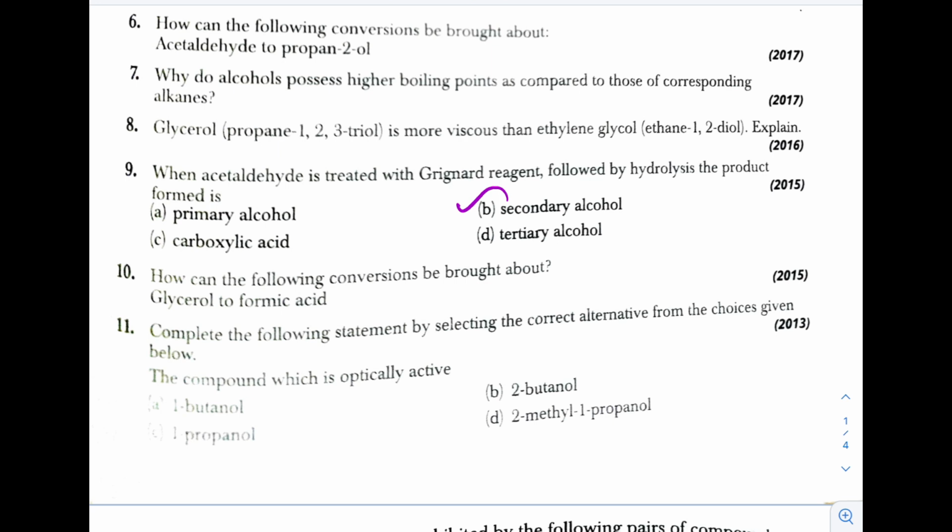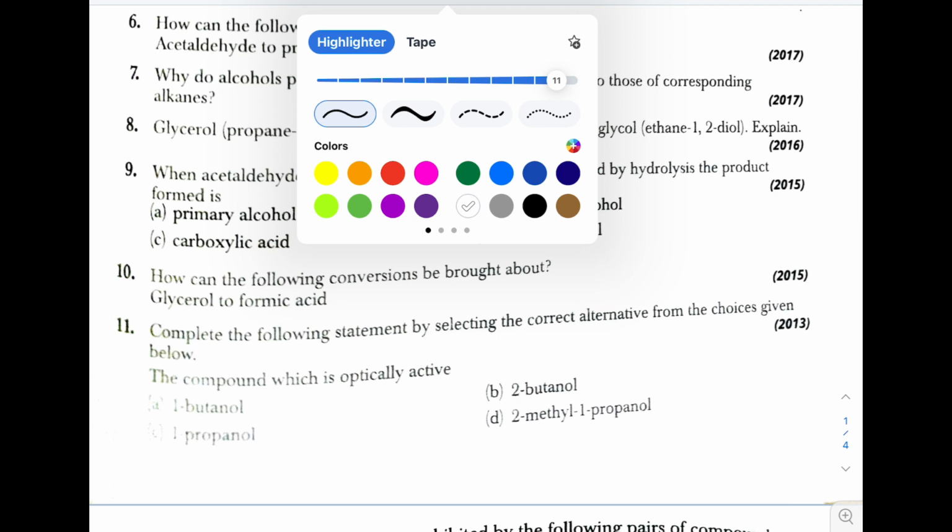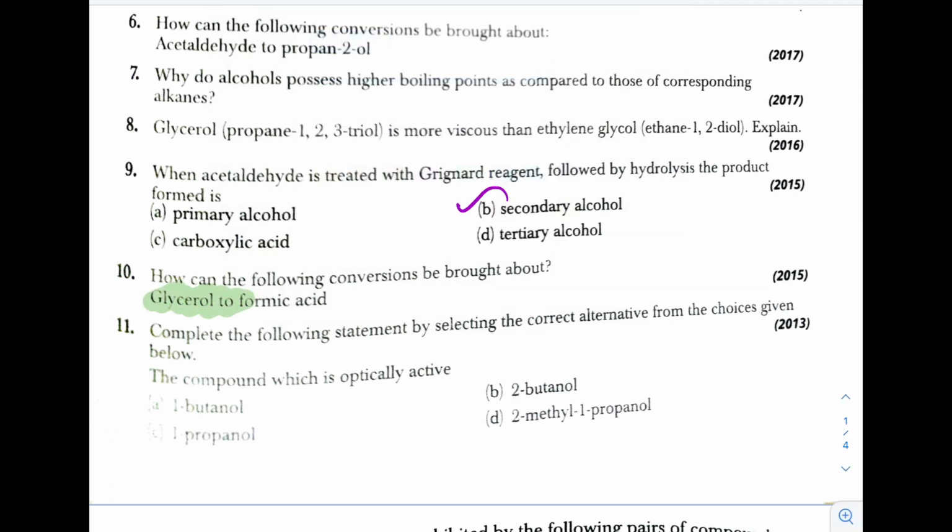So I think this can be done later. Glycerol to formic acid. This actually belongs to the carboxylic acid chapter basically.